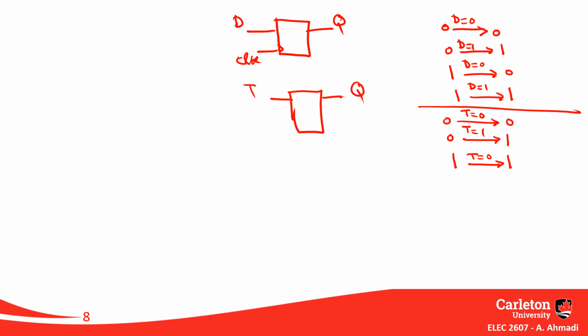So you have to apply 0 to the input at the next clock. And if you have 1 as your current value and you are going to change it to 0, you have to apply T equal to 1 at the next clock. Okay?